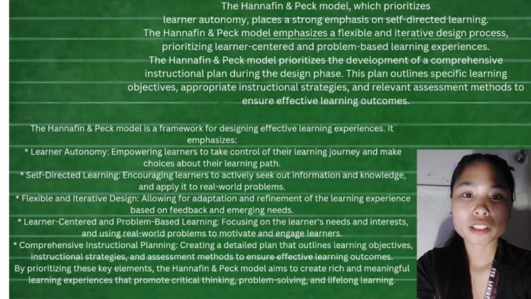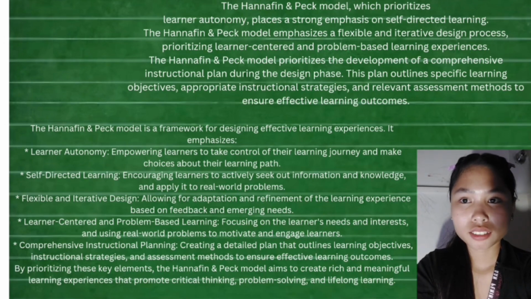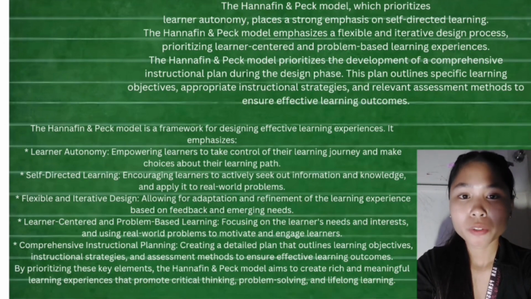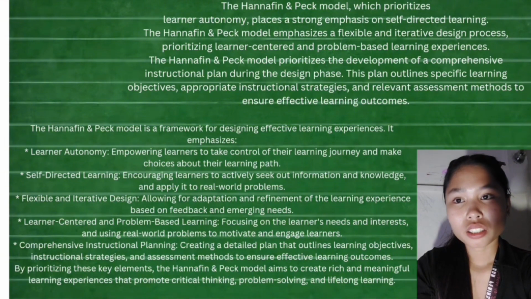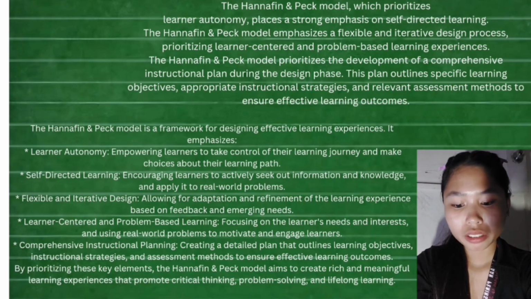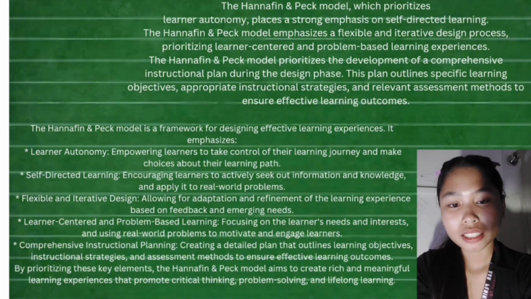Imagine you're building a house: you start with planning, gathering materials, constructing the frame, walls, roof, and then finally decorating. The Dick and Carey model is like a blueprint for effective learning experiences, while the Hannafin and Peck model focuses on the needs of the target audience.